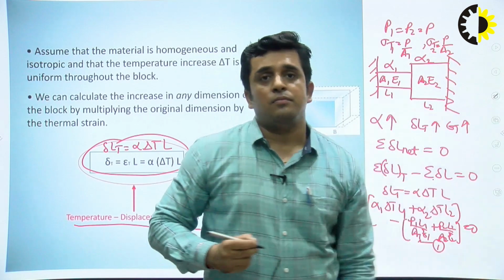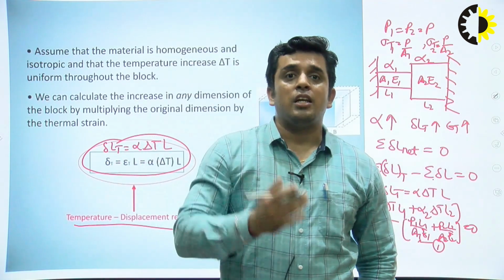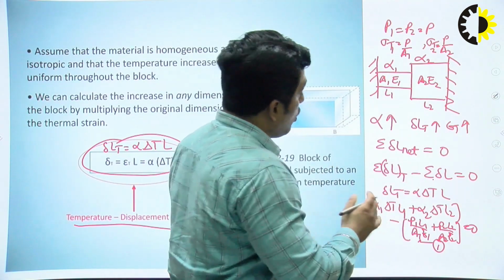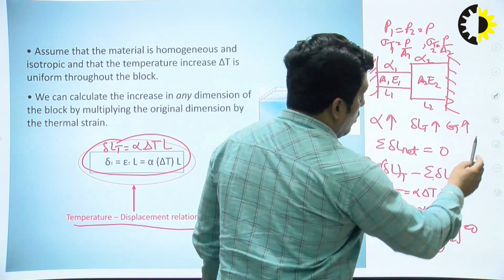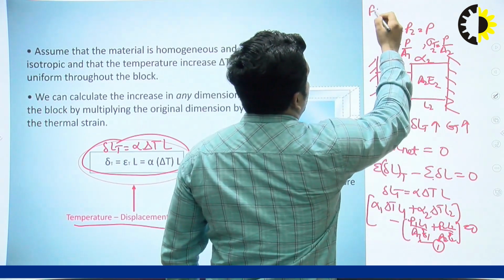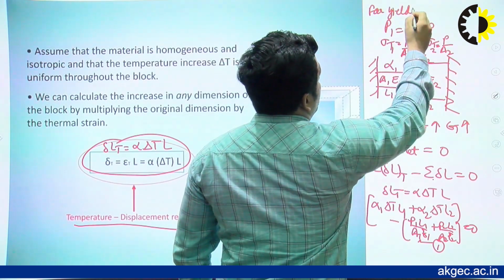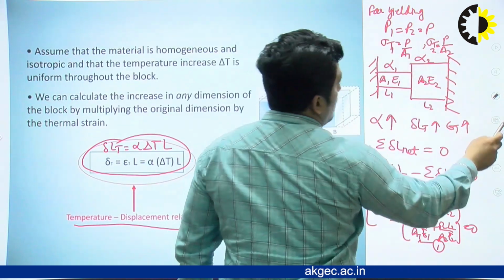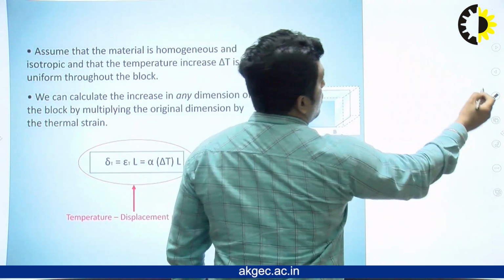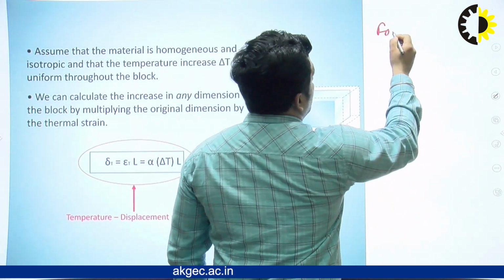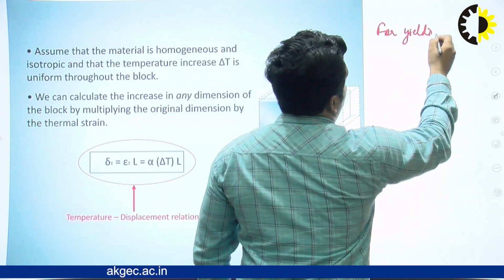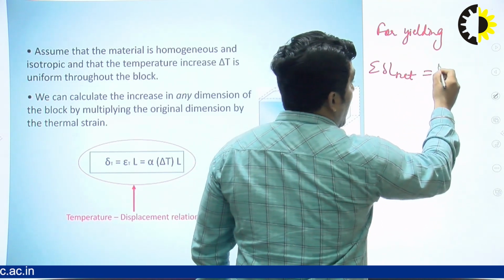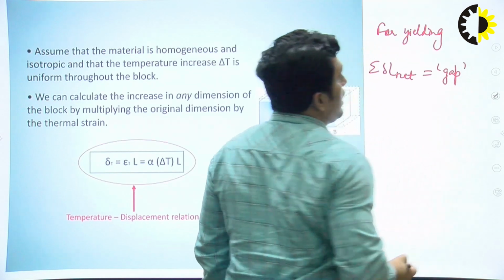Now if there is a yielding, what is going to happen to this equation? Nothing. Only, for yielding, summation delta L net will be equal to the gap, whatever the yielding gap is.